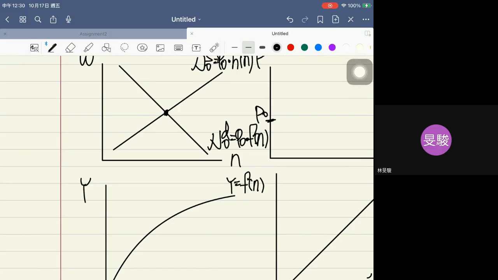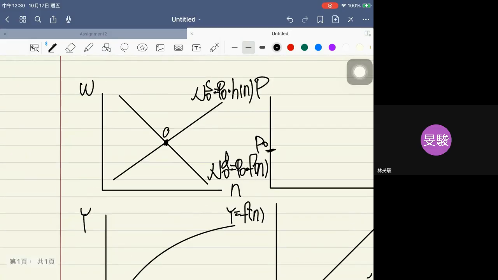The initial equilibrium is denoted as A.